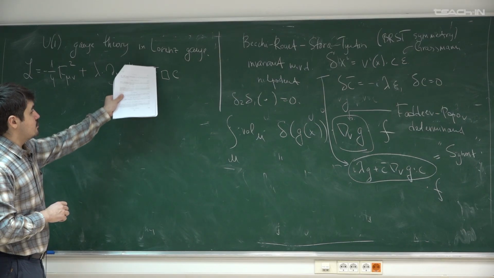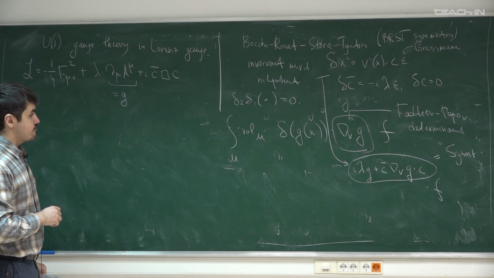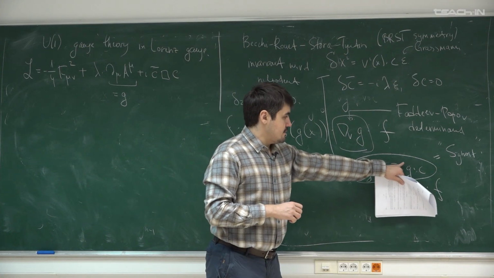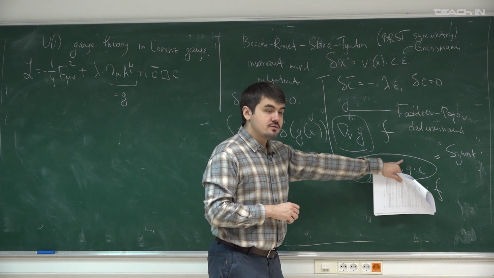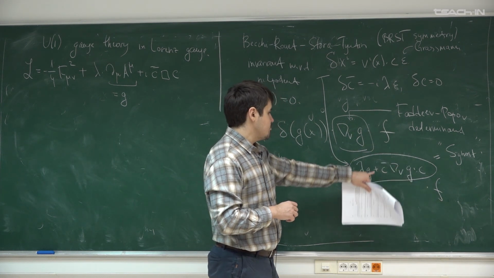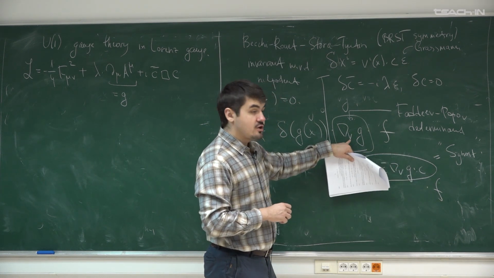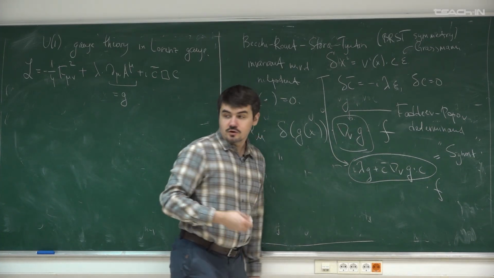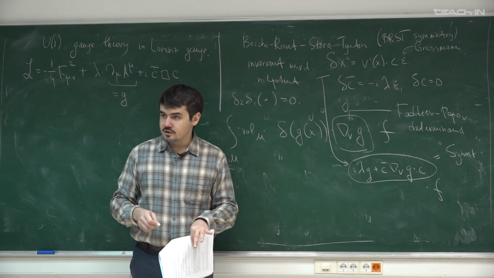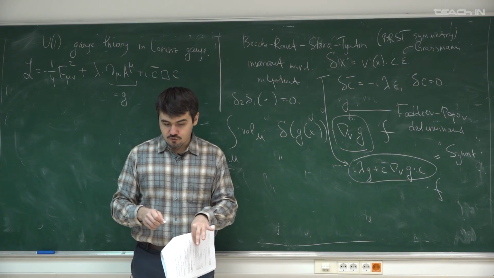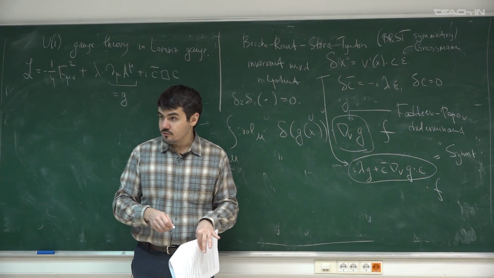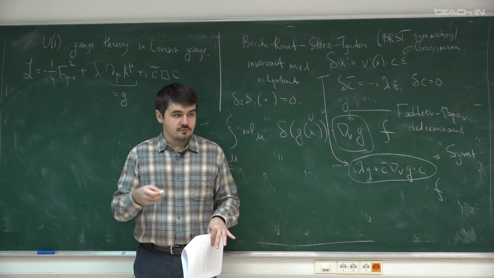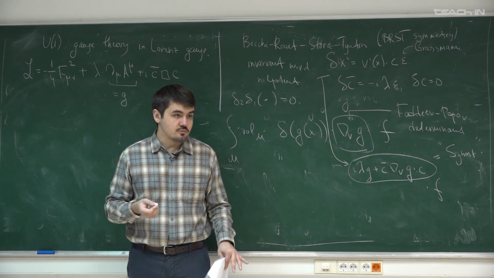And how do you write in general the ghost part of the action? There's some operator standing here. What is this operator? It's just the infinitesimal variation of your gauge fixing condition. So what is nabla Vg? It is the variation of your gauge fixing condition with respect to the action of the group. You act with your vector field on that function, which means you take an infinitesimal variation, in physics language.